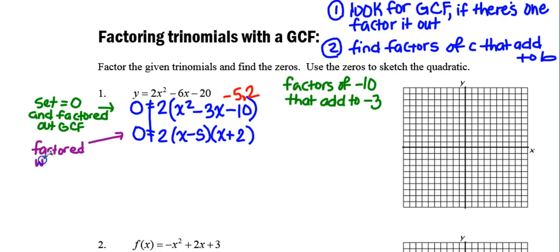Next, we factored when a equals 1, which meant for us factors of c that add to b, which was negative 3, and now we're here. Next, let's go see what we're supposed to do.